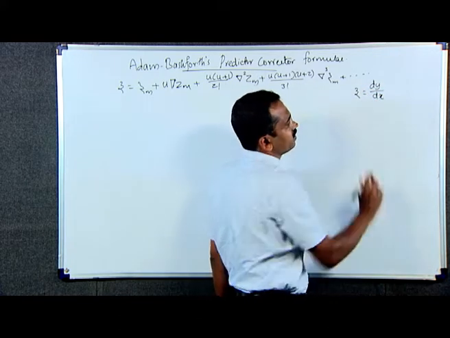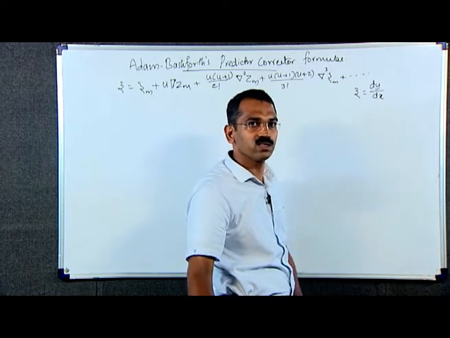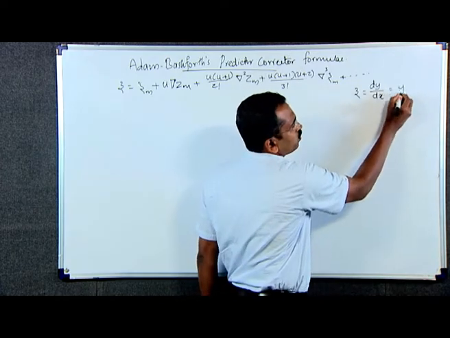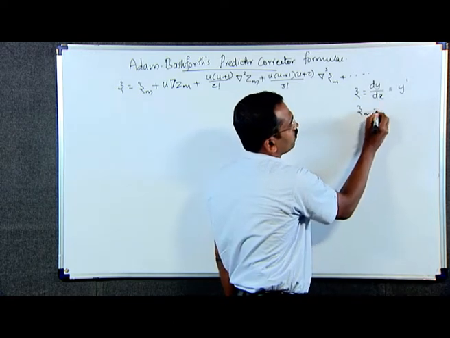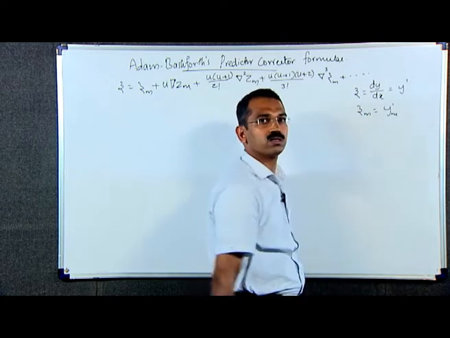Here Z is equal to dy divided by dx. Dy by dx is denoted by Z, that is, this is equal to y dash. Zm is equal to ym dash.